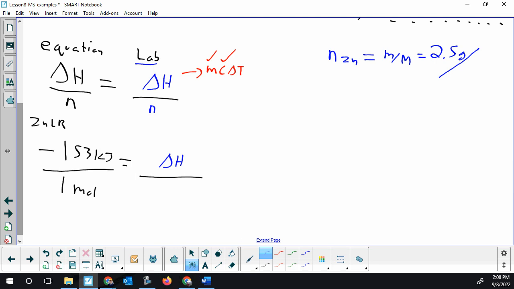Its atomic mass is 65.41 grams per mole. So we have 0.03822. Again, I'm not going to round down to 2 sig figs. I'm going to leave all of these in my calculator and write a couple extra on the board, or on a quiz, you'd write a digit or 2 extra.